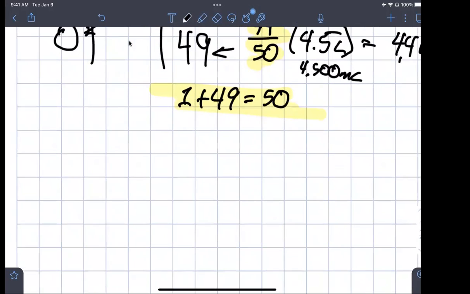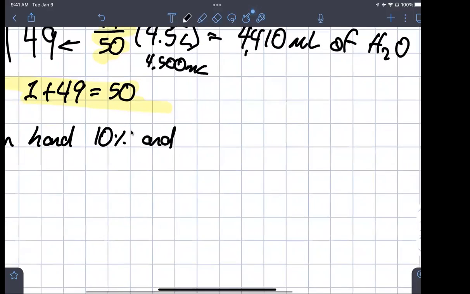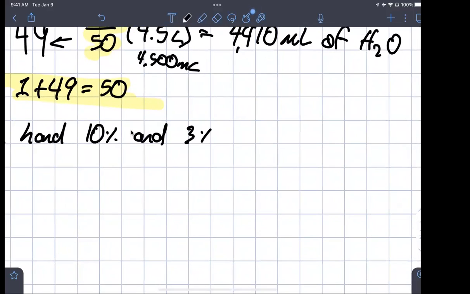So I'll do one more alligation problem. I'll just scroll to a random one. Let's do the ointment one because that's a little different. So you have on hand 10% and 3% ointments.